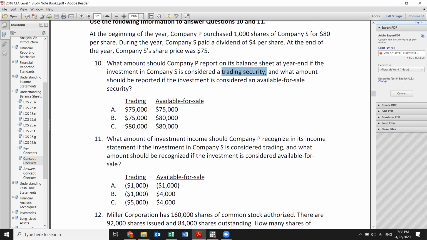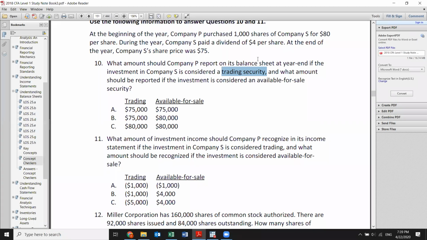Actually, here the calculation is straightforward. You should be able to identify what the asset value will be at the end of the year. You remember how they're recorded. One is at historic cost. The other one is at fair value, which means the market price.